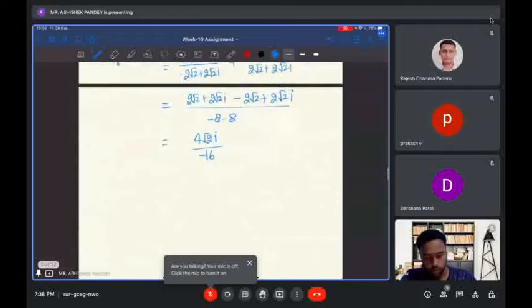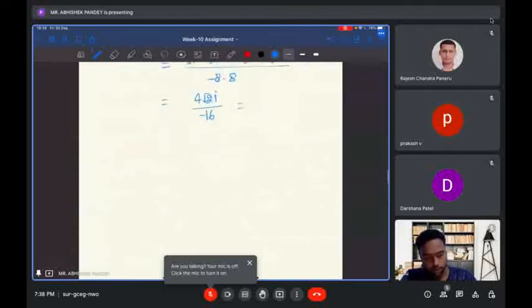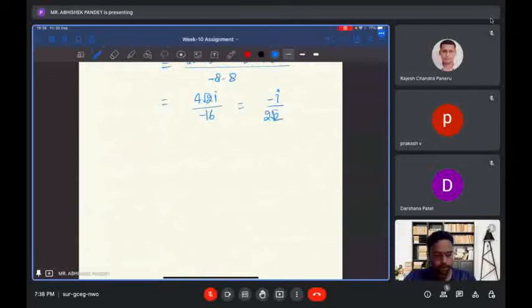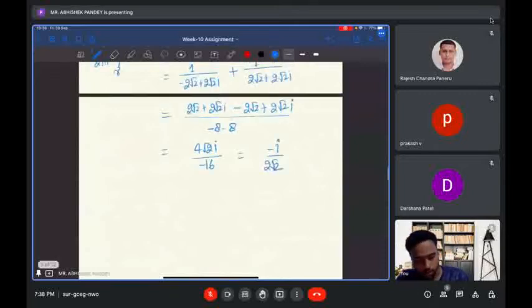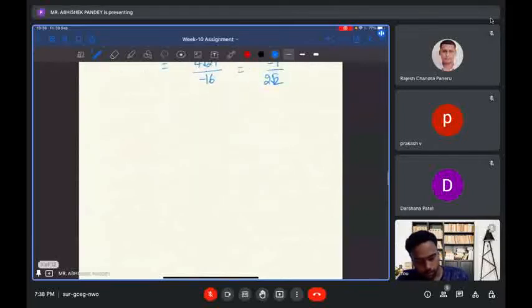So this you will get minus i by 2 under root 2. So 1 upon 2 pi i integral over gamma f(z) dz is minus i by 2 root 2.